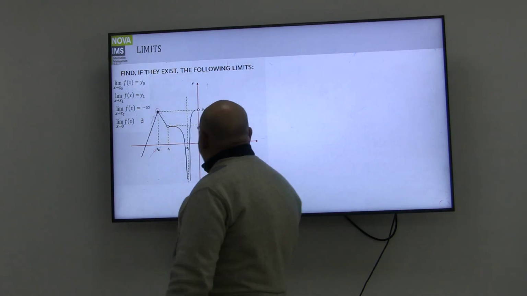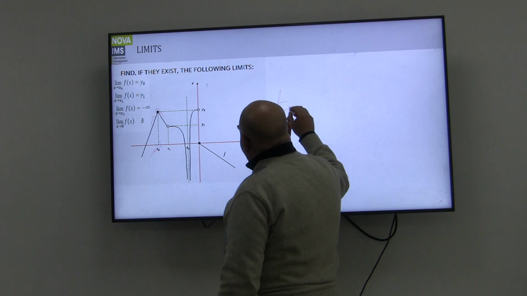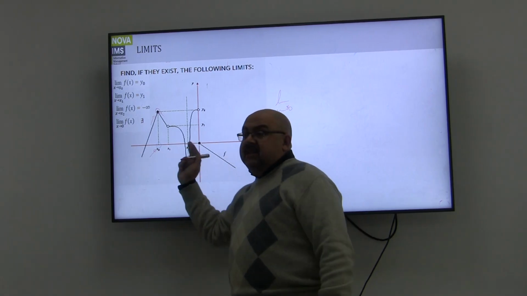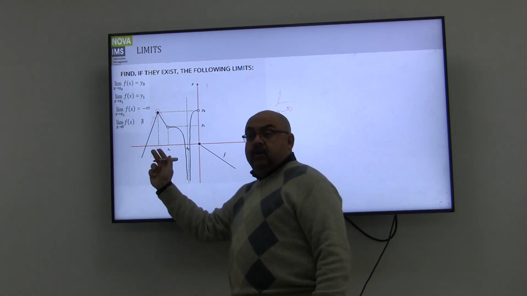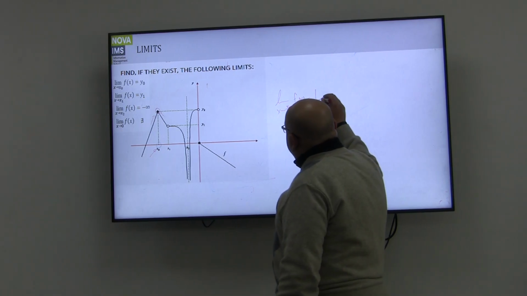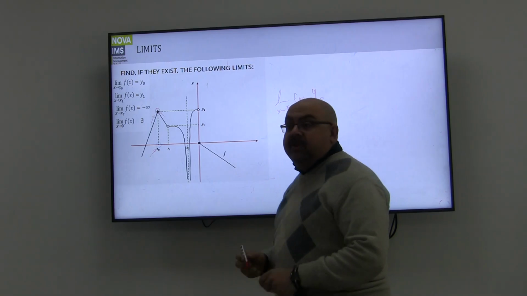This is why we write the limit as x tends to x naught, which means the x-axis is changing, trying to approach this value. You will find the function f of x approaches L or y naught, as you can see from the graph.